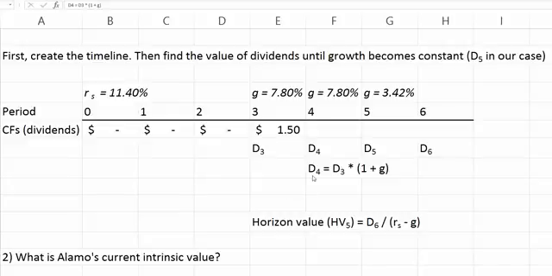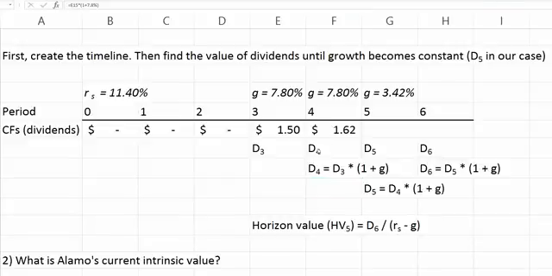So first, to find D4, we have that D4 is D3, which is $1.50 per share, times 1 plus the rate of growth. In this case, it is 7.8%, raised to the first. So we find that D4 is $1.62.